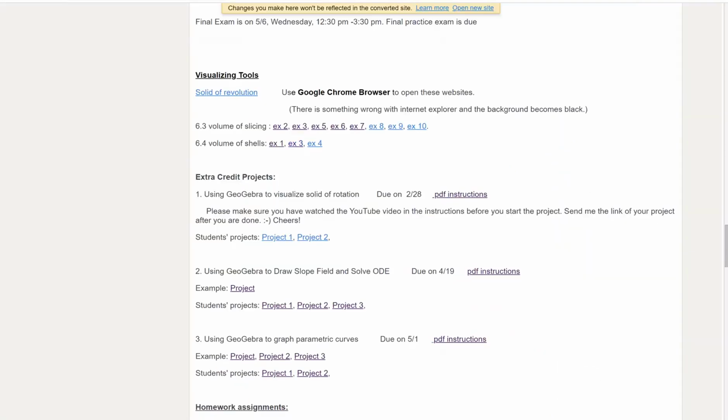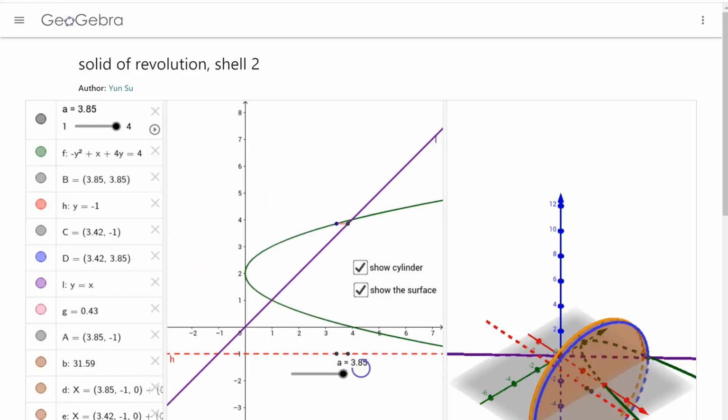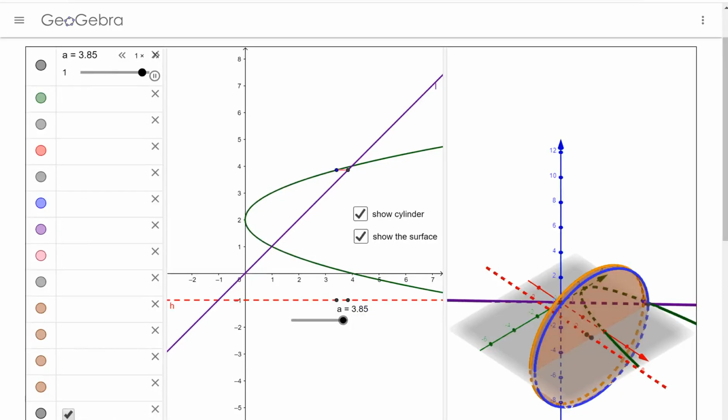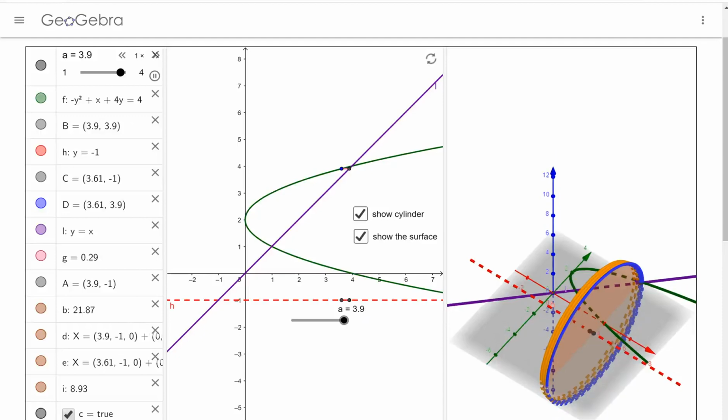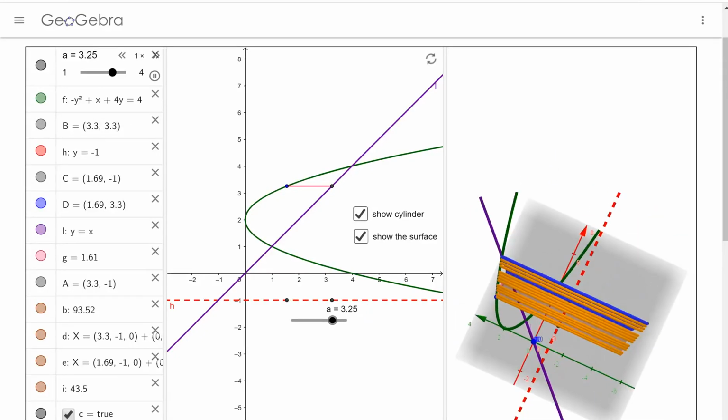Okay, how about the third example we just did? You see, here we have the cylinder and the surface, the solid. Okay, you can see.